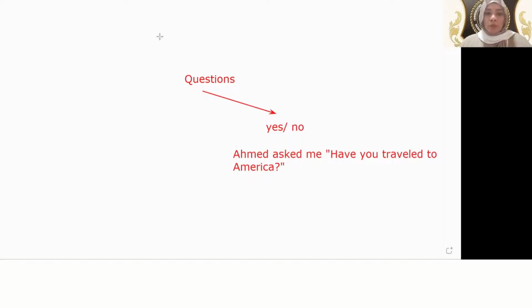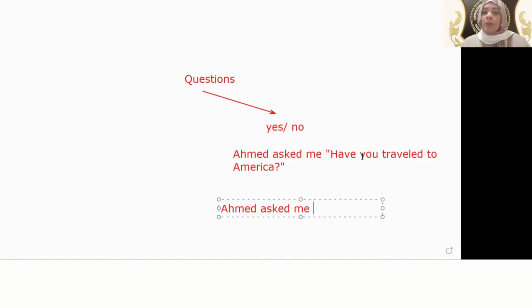How can we do it? Firstly, we have to say that Ahmed asked me, and then we start to put the question, and we will not put it in question form. No, it will be a statement.